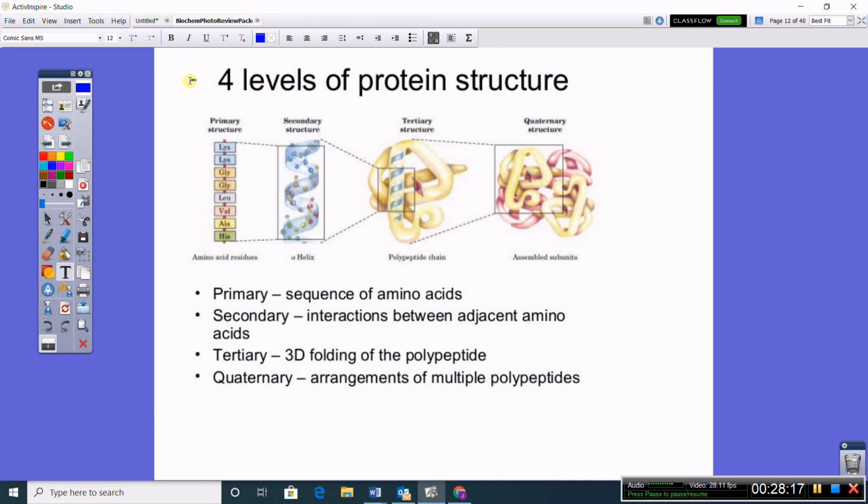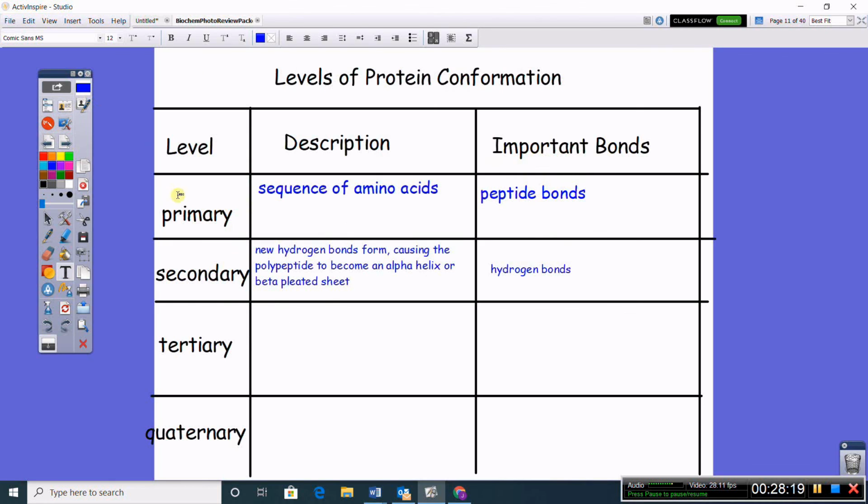But a tertiary structure is going to be one polypeptide chain folded on itself into a specific three-dimensional shape. Okay, and we talked pretty extensively about some of the different bonds that hold these together.